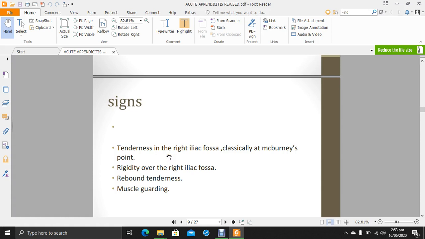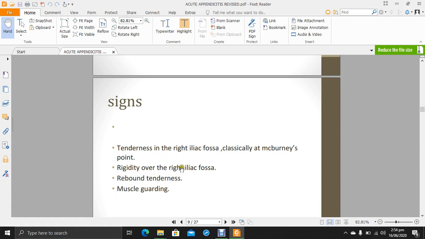So if you draw a line from the umbilicus up to the anterior superior iliac spine on the right side and divide it into 3 parts, then the junction of the lateral 1/3 and the middle 2/3 is McBurney's point, which is the point of maximum tenderness.